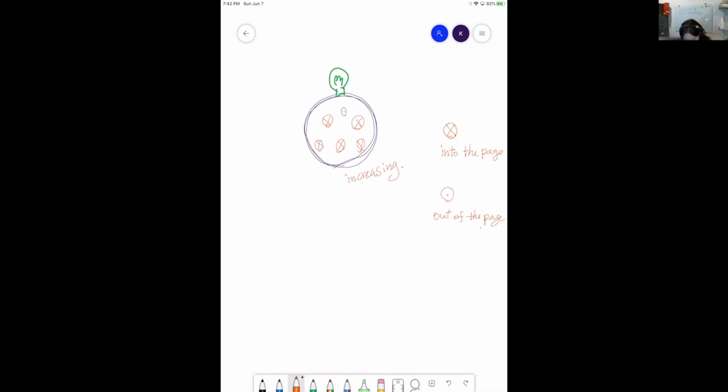The current will flow, in blue, in this direction. Induced. Does this make sense? So current will flow in that direction using the right hand rule.